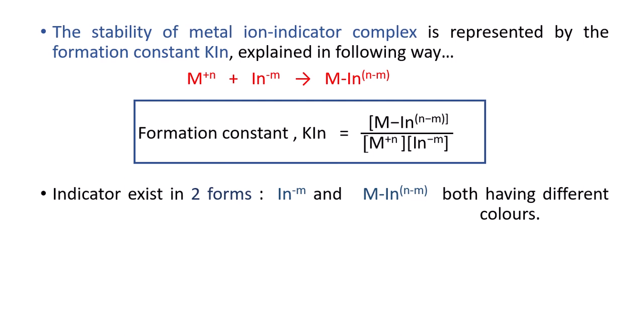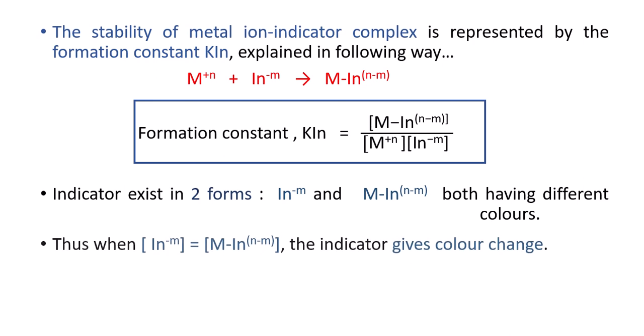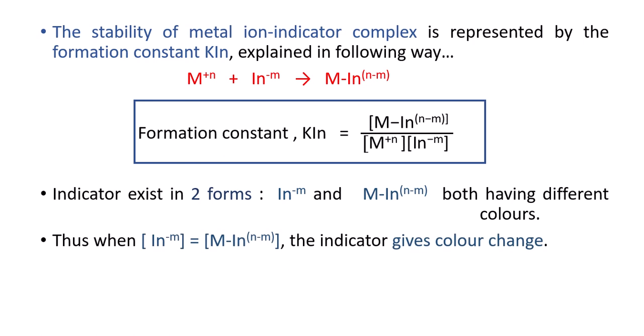Both should have different colors. When the concentration of the free indicator and the concentration of the metal indicator complex become equal, the indicator gives the change in the color. So it is the end point, or near the equivalence point, when the indicator is completely released and the metal has formed the complex with EDTA.